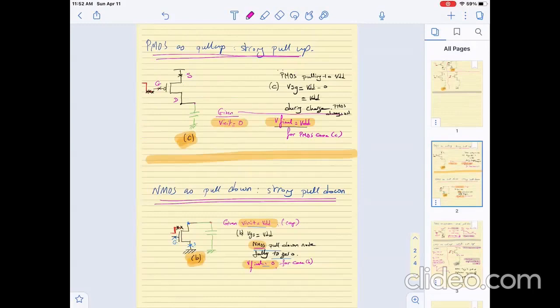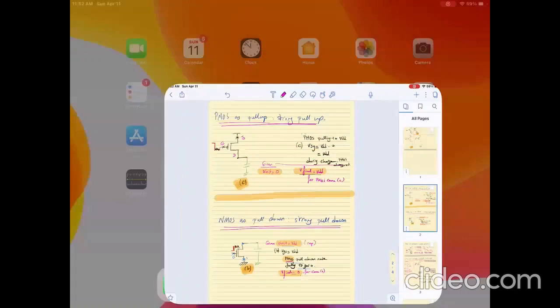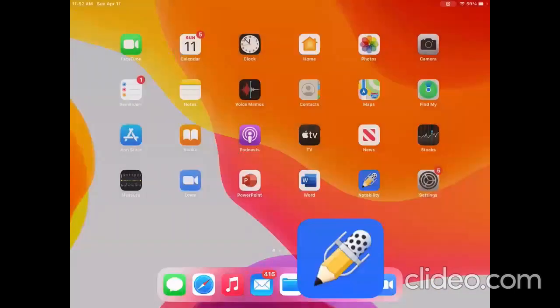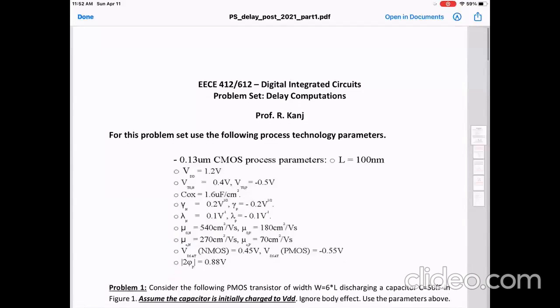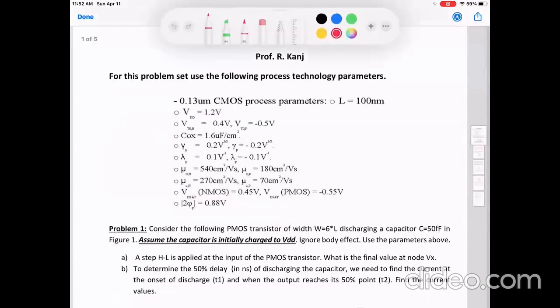Okay, so now if we switch to the example that has been provided in the home problem solving. For this example, we are being given a certain technology with a specific L, which is a little less than the critical dimension.